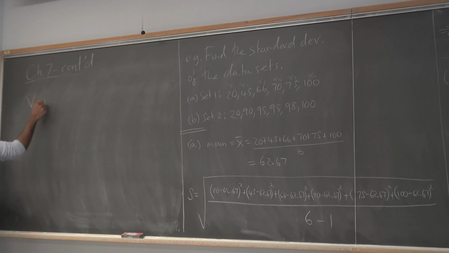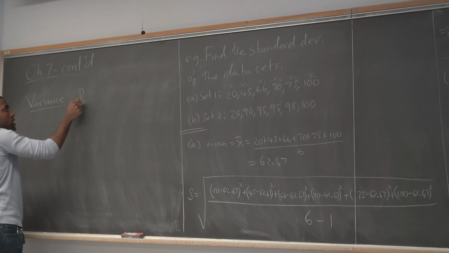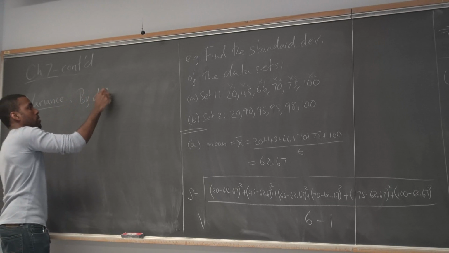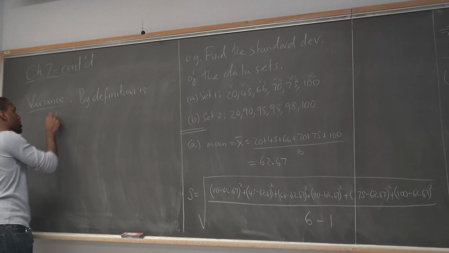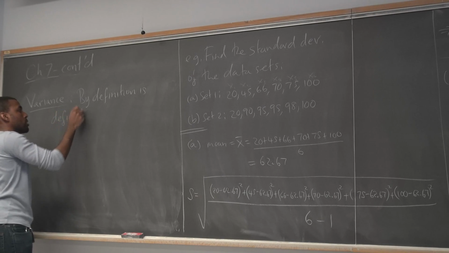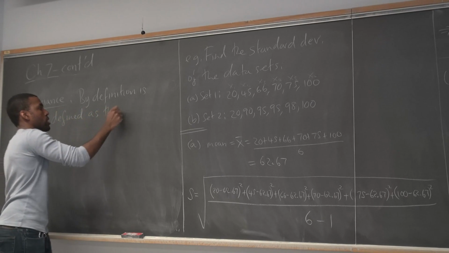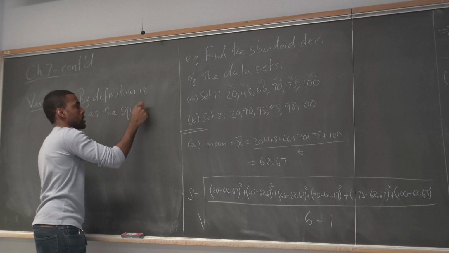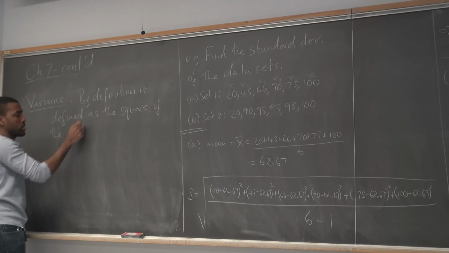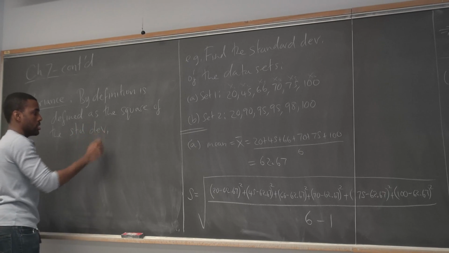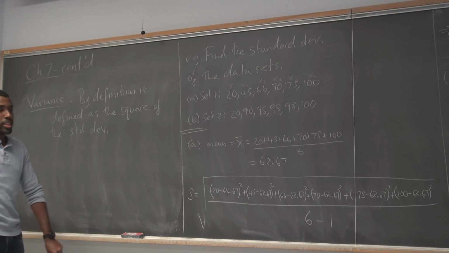There's another thing called the variance. Now remember, variance is just a number to describe the spread. This, by definition, is defined as the square of the standard deviation. Obviously invented by someone who couldn't bother to take the square root.